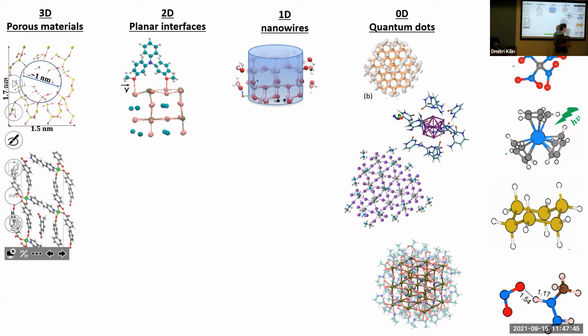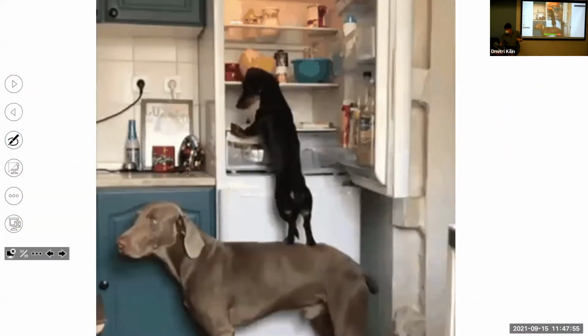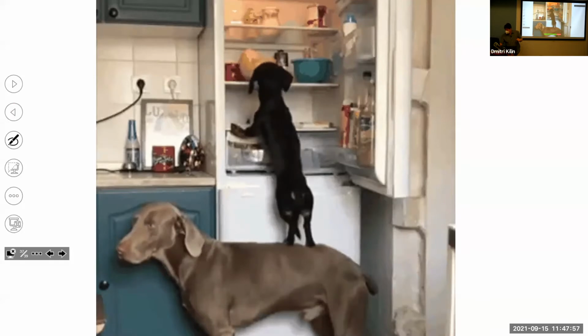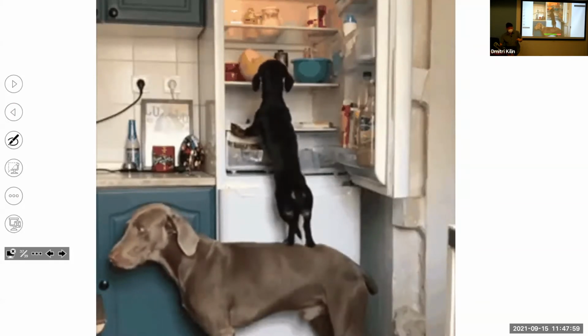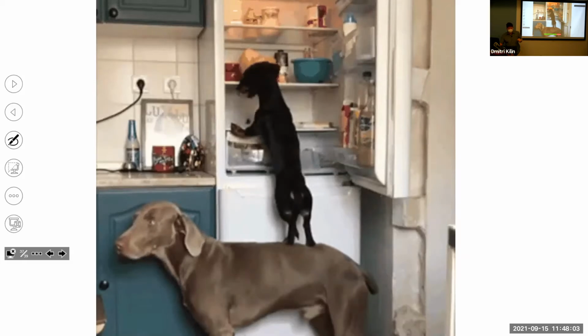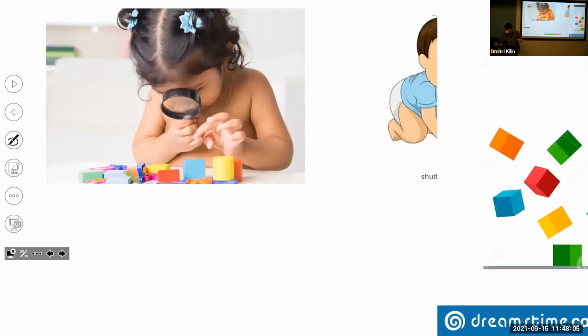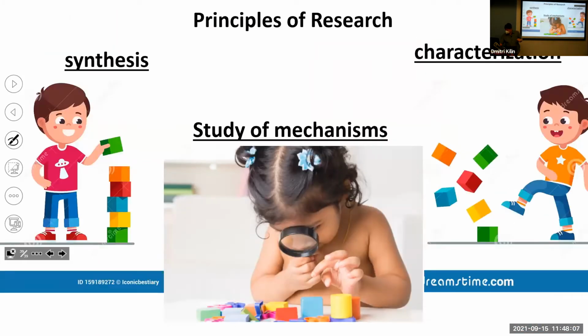And then some examples where upon photoexcitation molecules break into pieces. I think it is enough. Yeah, this is an example of true collaboration, when collaborators do not compete, but support each other. And the principle of research, like synthesis and characterization.